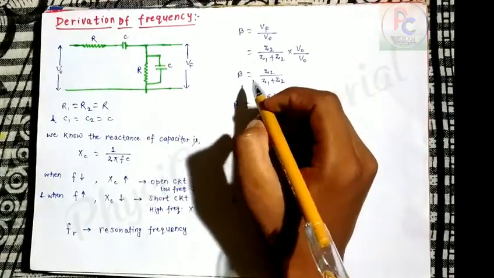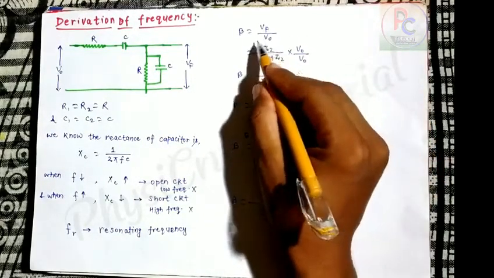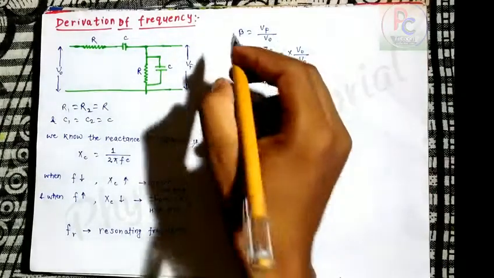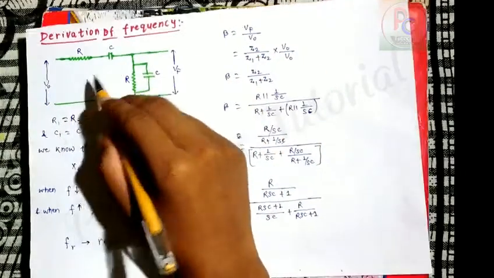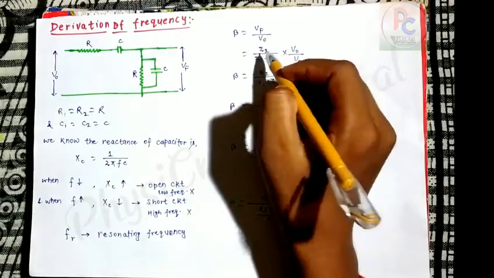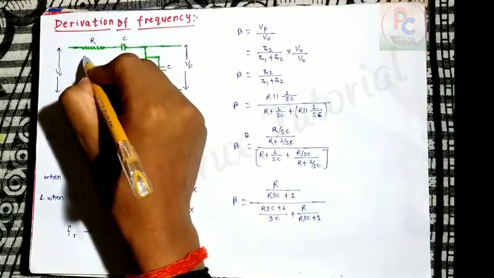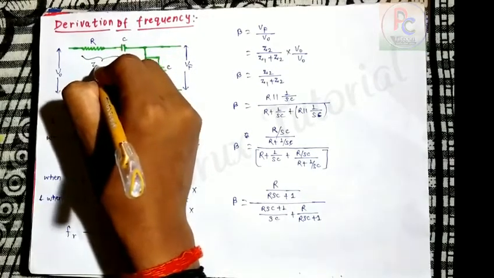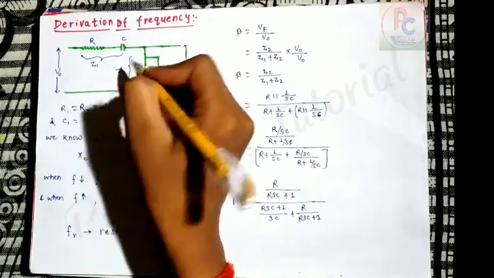To derive the frequency of the Wien bridge oscillator, first of all we calculate the value of beta. We know the value of beta is equal to Vf by V naught, that is output by input. We can write the value of Vf by using the voltage divider in the circuit. Here we use the voltage divider, calling this Z1 and here Z2.